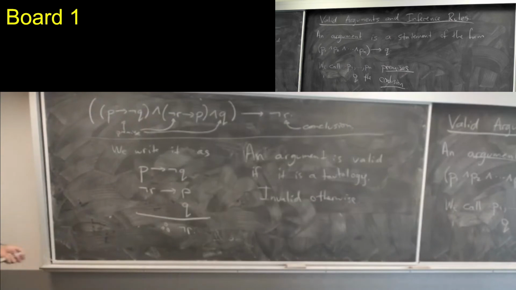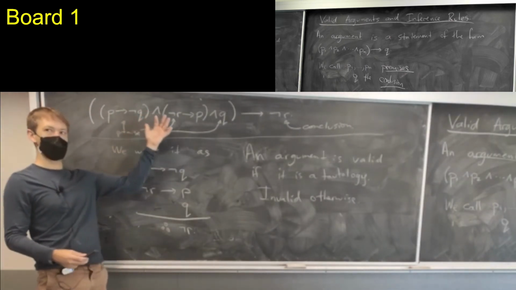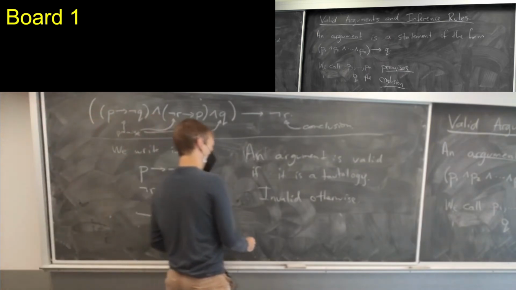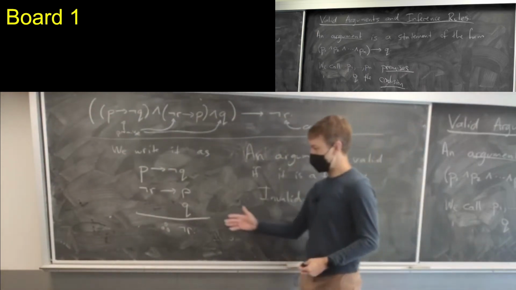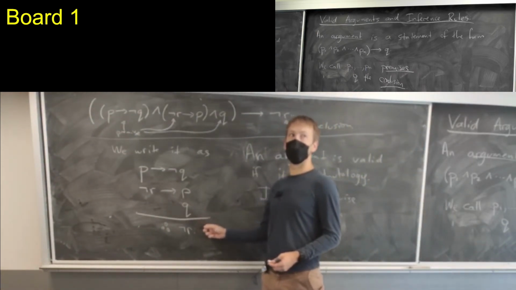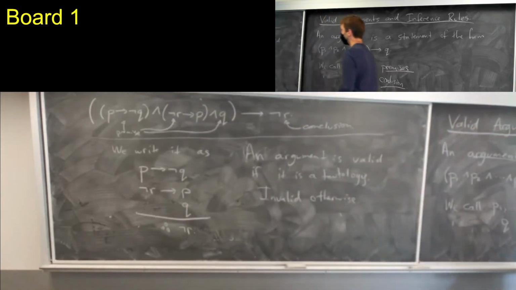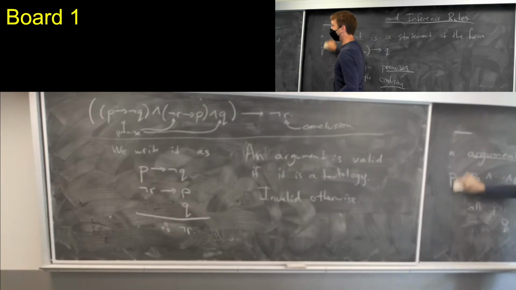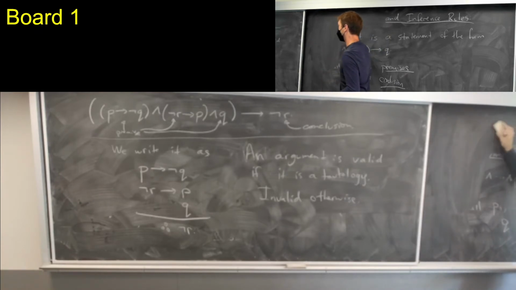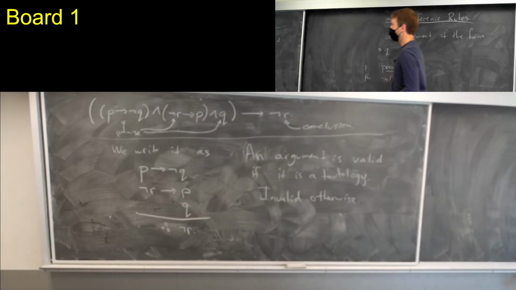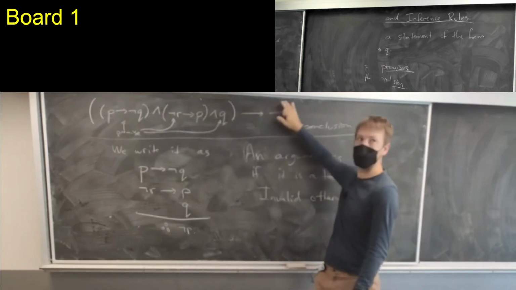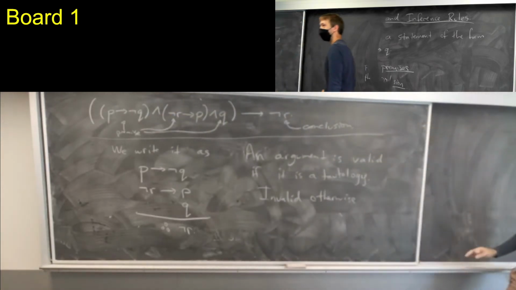Basically it's invalid if it could be false, if there's some way of choosing my P's, Q's and R's such that it evaluates to false. In this case, this is invalid, and we can prove that. So how would I go about proving that this is invalid? I want to prove that there's a choice for P, Q, and R such that this implication is false. So where would I start?